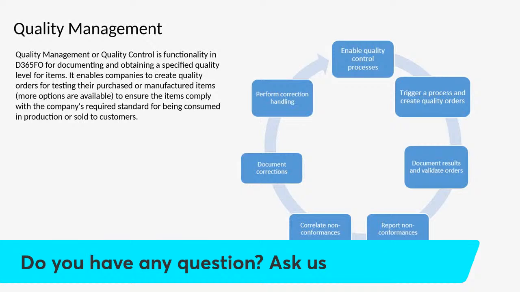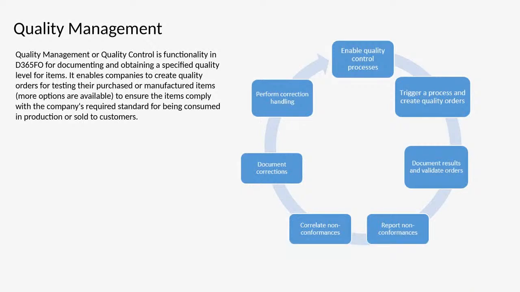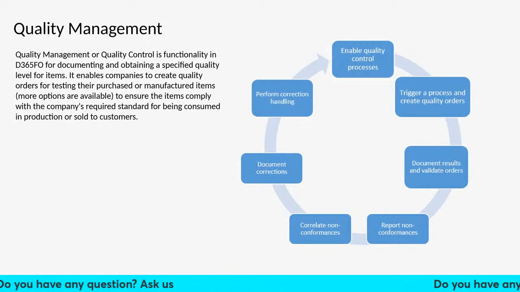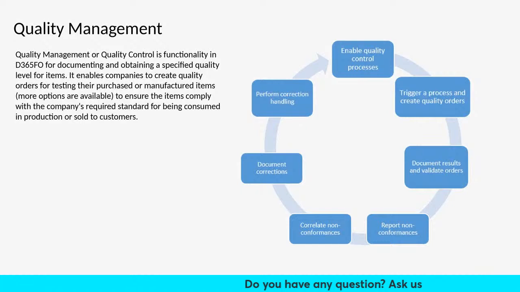Now in Dynamics 365, you begin to set out different parameters for how you want it to be. If it's not that way, you cannot accept this item, and you begin to have conversations with your vendor to either replace this item for you or take it back as a defective product.